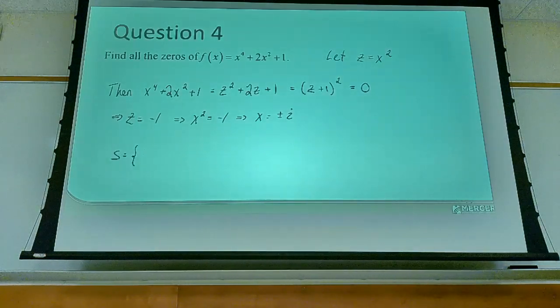And let's say we wanted to actually factor this, write it as a product of linear factors. That's how you would write it.